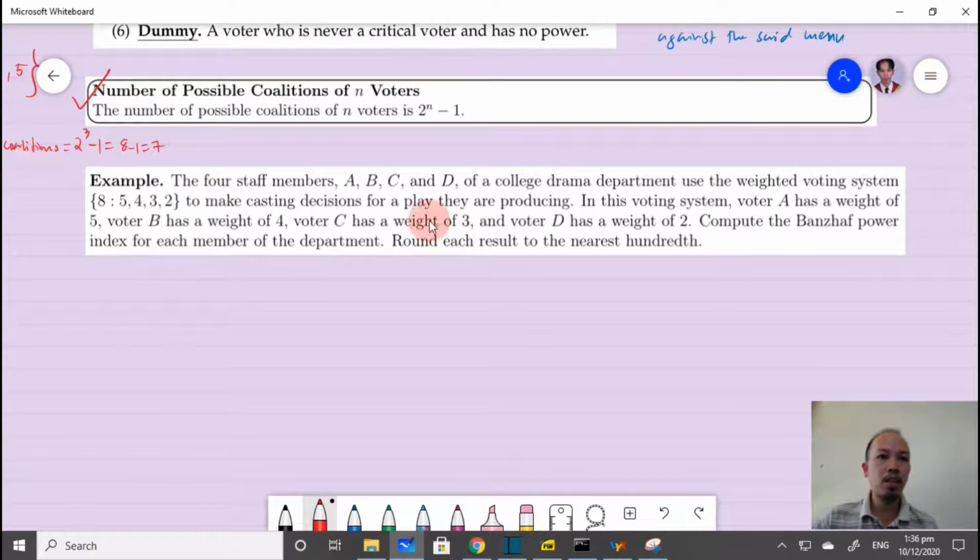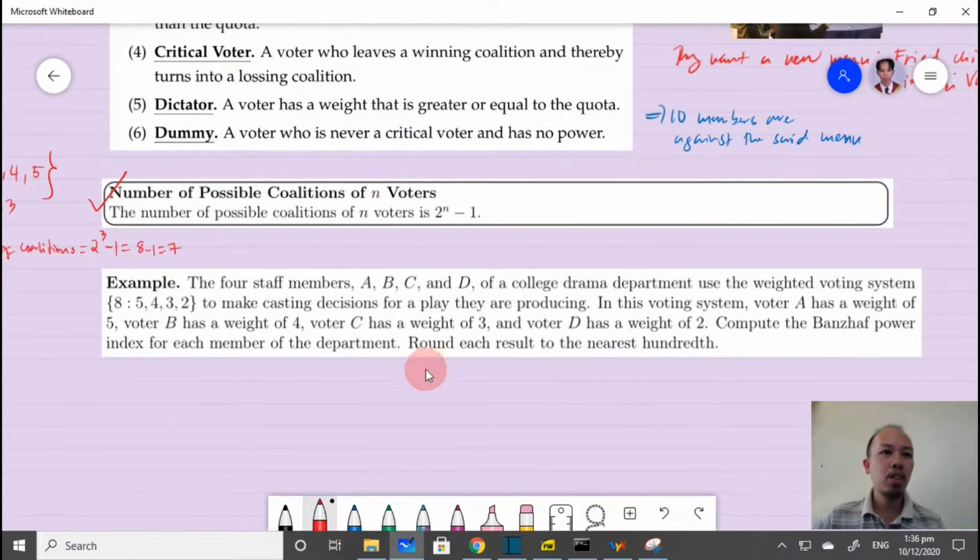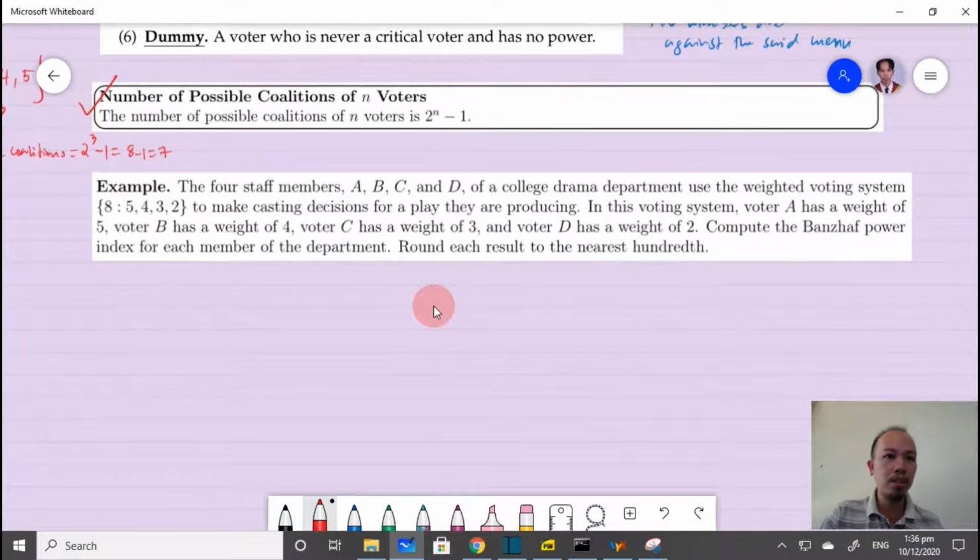To make casting decisions for a play they are producing. In this voting system, voter A has weight 5, B is 4, C is 3, D is 2. So we are going to compute the Banzhaf power index for each member of the department, and round the result to the nearest hundredth. First, this is the solution.